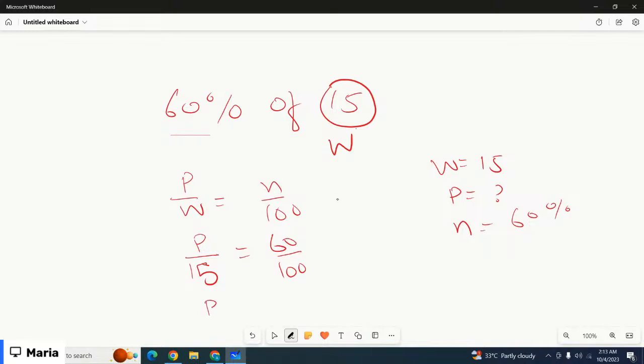So it would be P equals 60 times 15 and divided by 100. 15 times 6 is 90, that is 900 divided by 100. That equals 9. That means 60% of 15 is 9, right? So 60% of 15 is 9. The correct option is 9.